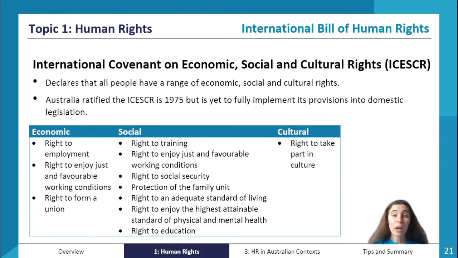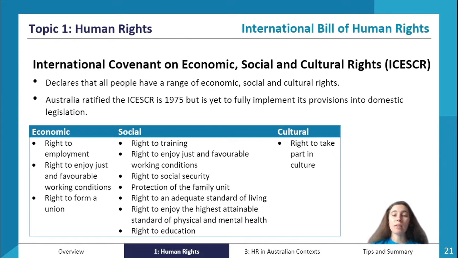So favourable working conditions, when we hear about people who aren't paid correctly or don't have safe or sustainable working conditions in factories or whatever that situation may be, we hear about how it is a violation of their human rights. So that comes under this covenant.